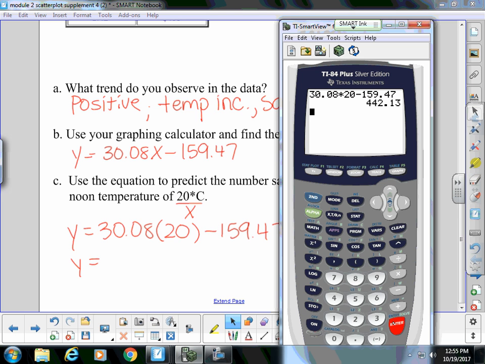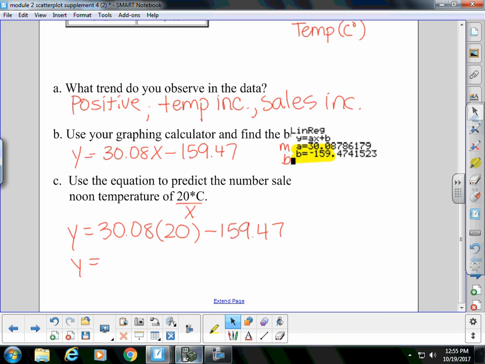So $442.13. Okay, and that's our lesson for today.